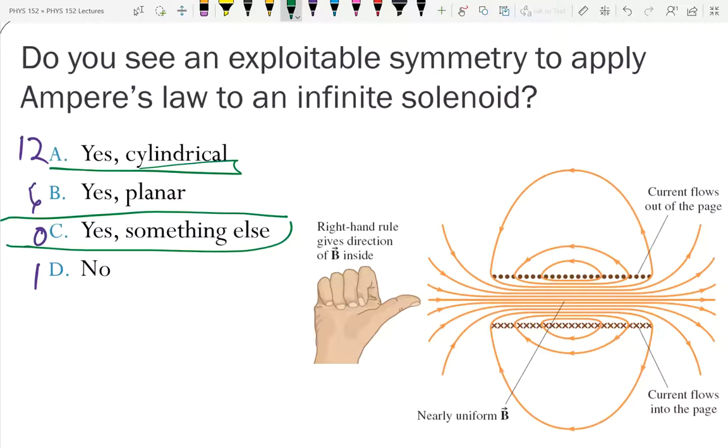So the circulation is 0, and then how much current is enclosed? If you're going around the solenoid like this, you're not enclosing anything, because you don't have anything cutting through that. So you'd have 0 equals 0 for your equation. It's true, but it's not helpful.